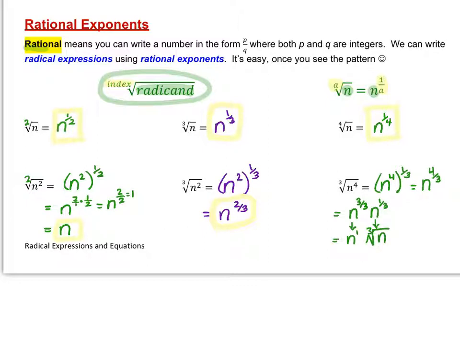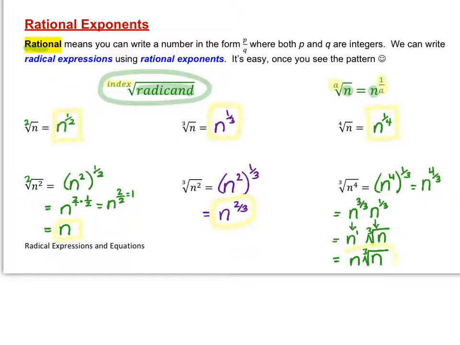So our final answer, we're going to be back in the form that uses the radical symbol, and this can be rewritten as n times the cube root of n, and that's going to be our final answer for that question.